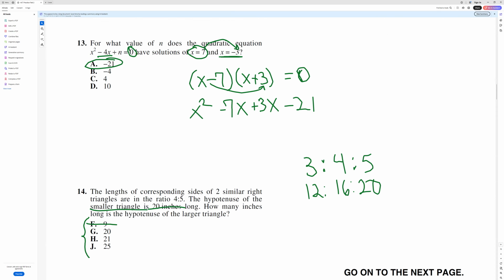It's not going to be 9. 21 is not going to be a right triangle like that. So let's multiply this times 5. So this was times 4. Now times 5, 3 times 5 is 15, 20, and 25. So the answer is J. You can see already that it's multiples of 5.